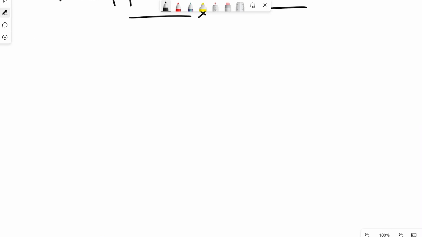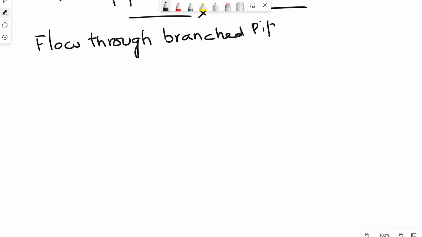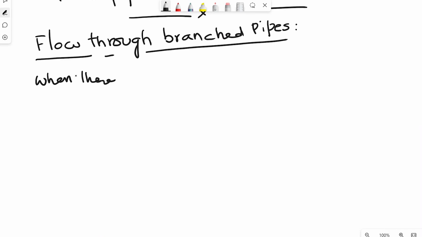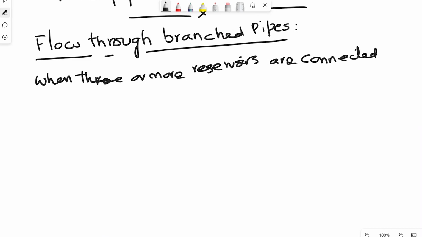Now the last topic is the flow through branched pipes. This is also a short note. What is a branched pipe? Branched pipes means when three or more reservoirs are connected by pipes.